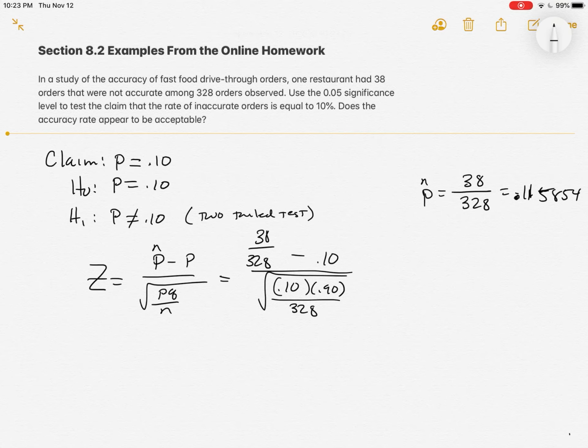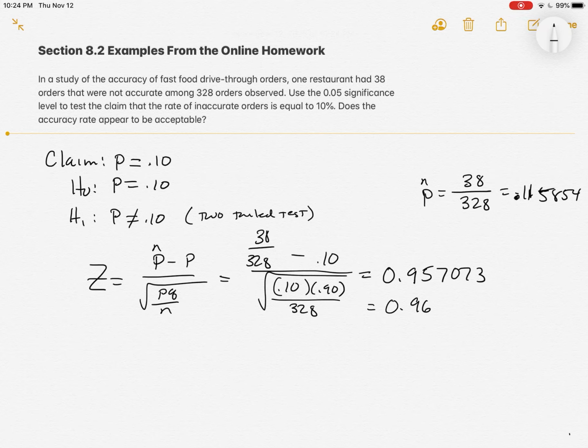Now you're going to divide by the square root of, use an open parenthesis if it's not there already, 0.1 times 0.9 divided by 328. You can close that parenthesis off if you want, and you get a z-value of 0.957073, or a z-value of 0.96.